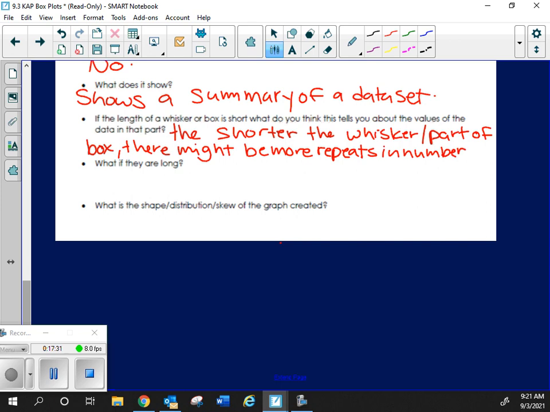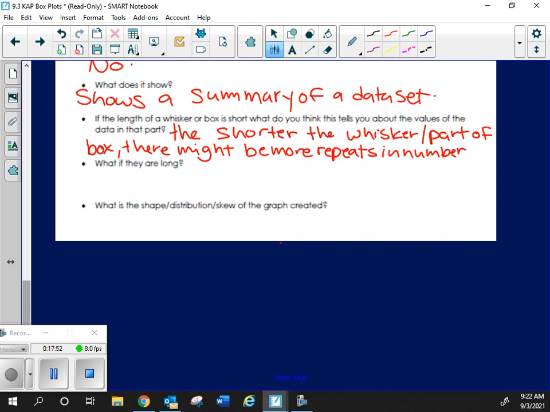Or you could say it's more concentrated, it's like closer together. The range of that specific set is smaller. There's more repeats, it's not spread out.